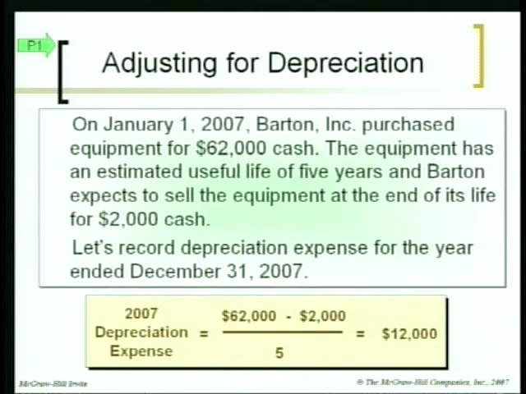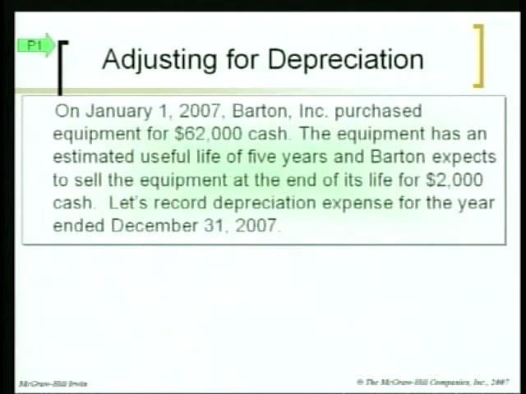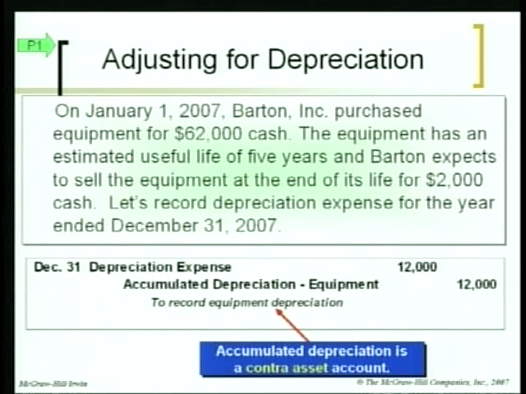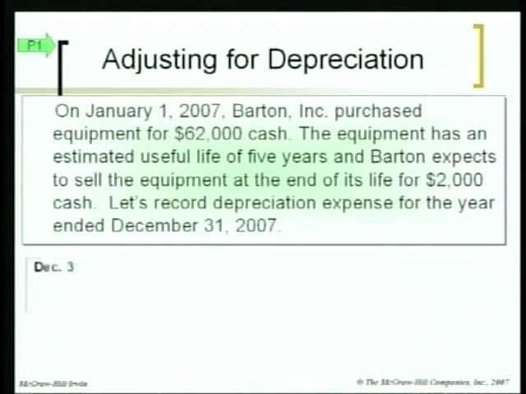Okay? We're going to book $12,000 worth of expense per year. Now, if we were doing monthly AJEs and monthly financial statements, how much would we depreciate per month? $1,000. Okay? So that is the amount that's going to be depreciated. Well, what does that journal entry look like? It looks like this. Let's talk about this.